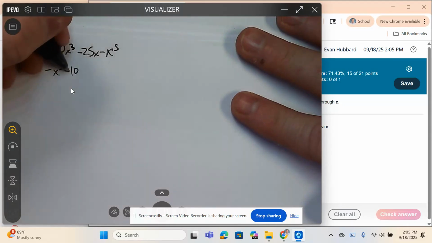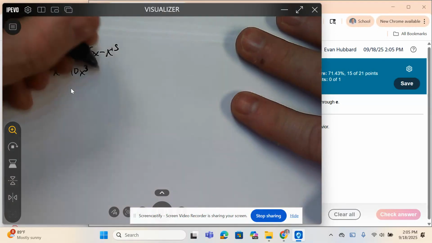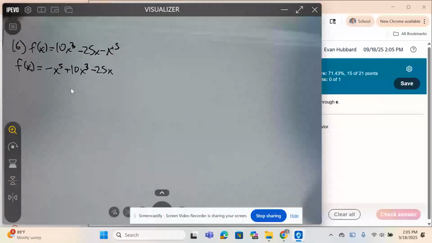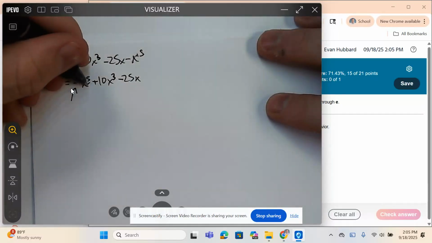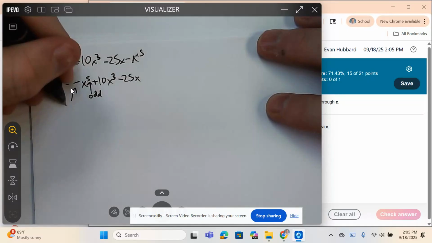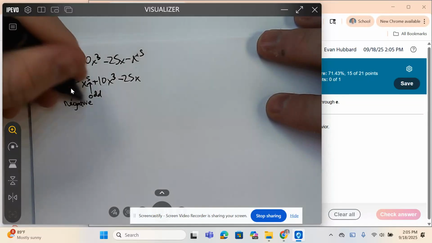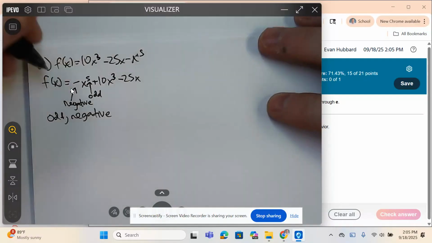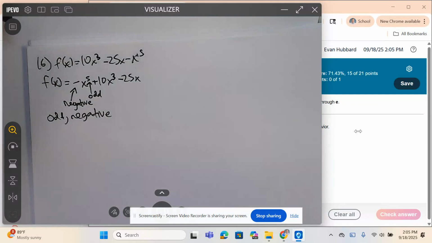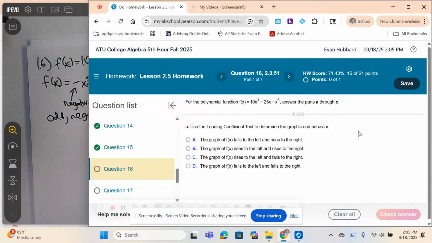I'm going to do this in standard form order. So this is a negative leading coefficient, odd, negative. So this is an odd negative. And with an odd negative, what happens is it rises to the left and falls to the right.